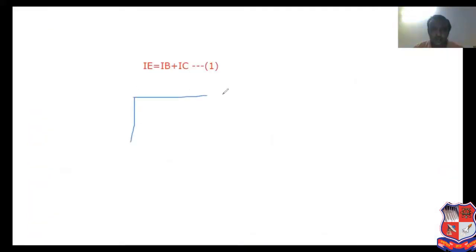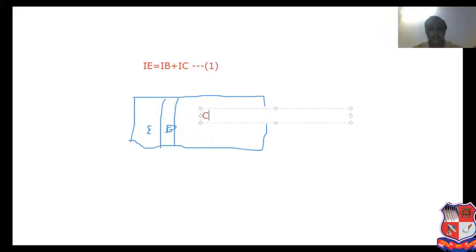Now see, this is the emitter, this is the base, and this is the collector.